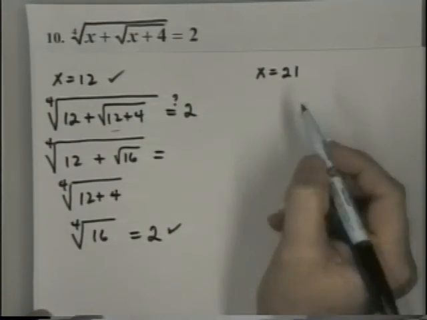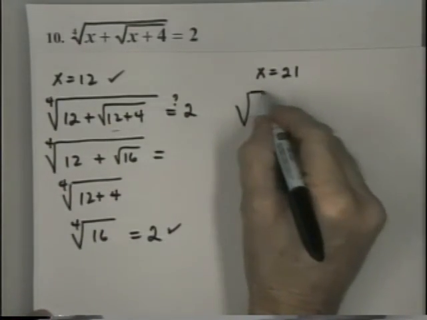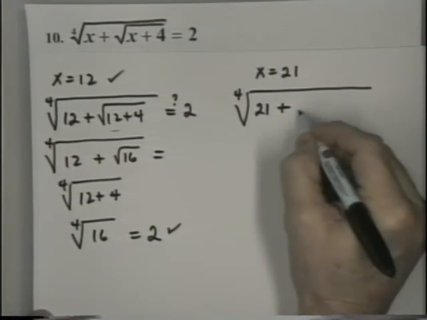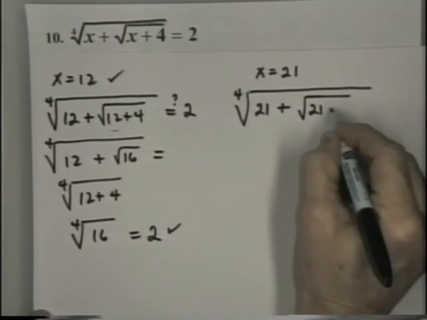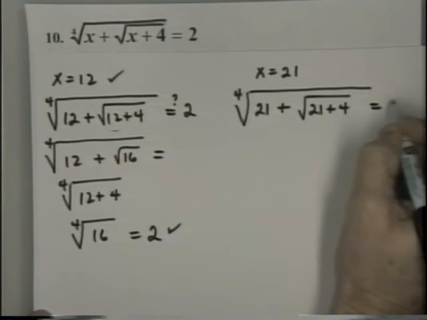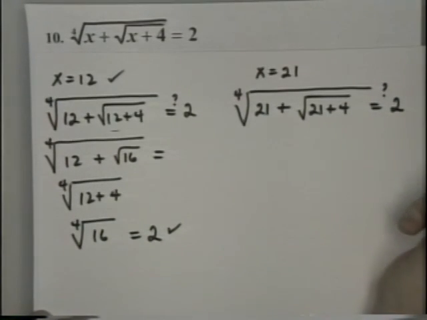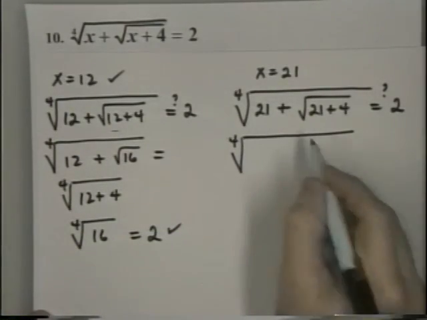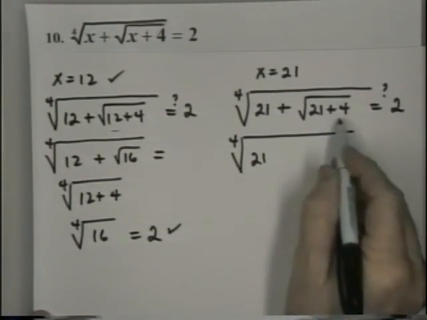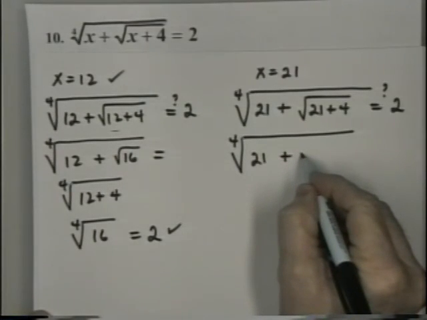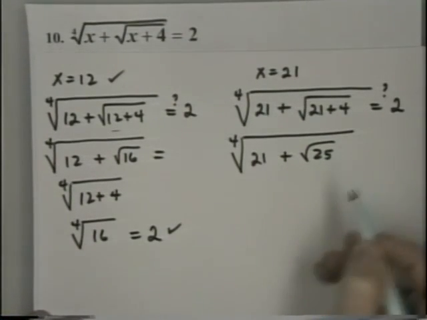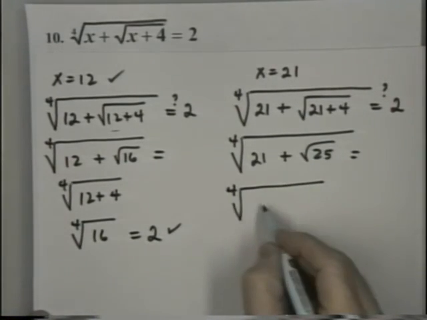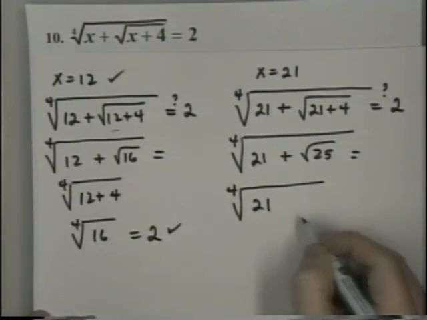How about 21? The fourth root of 21 plus the square root of 21 plus 4. Is that equal to 2? Again, same procedure. Start with the square root. That's the square root of 25. And the square root of 25 is 5.